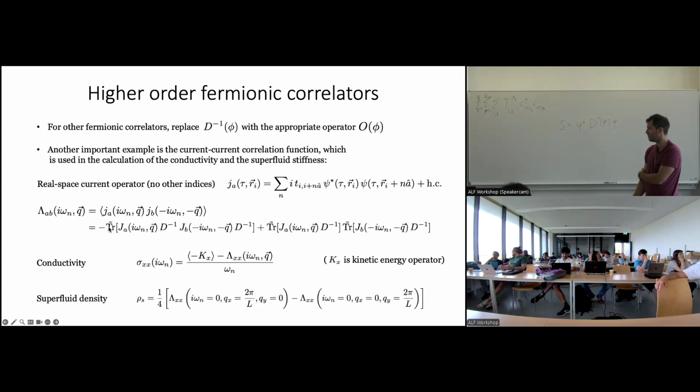And if you don't have translation symmetry, you get a matrix, but then you don't have minus i omega n in the second J. That's fine. But you can still look at the diagonal elements of this matrix that you generate, because you know that if you start averaging over all the other configurations, the off-diagonal part vanishes. Okay. So think of this as specific subsets of elements in a larger matrix. You're right. Okay, perfect.